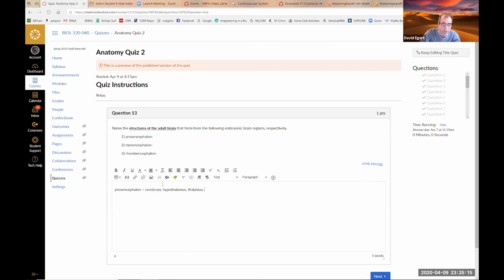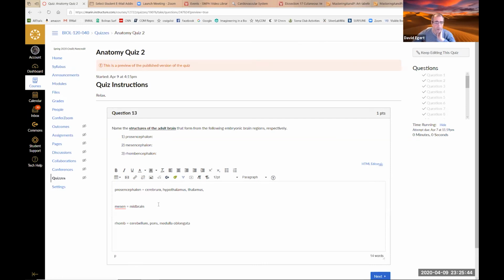Mesencephalon, we just call it the midbrain in general, although you could also say substantia nigra and corpus callosum. Rhombencephalon, I really wanted there to be a cerebellum and a pons and a medulla oblongata.